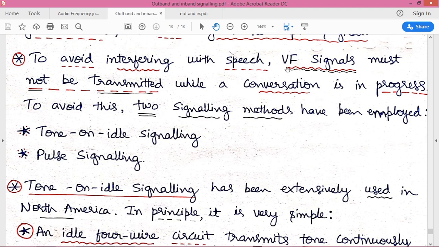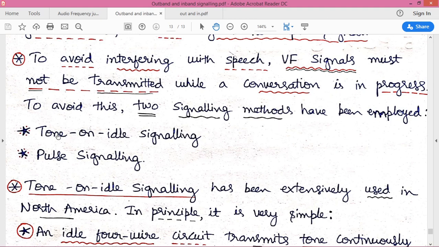So generally we try to avoid control signals being transmitted when speech signals are available in our system, or while the conversation is in progress. In order to avoid this interference, or signal imitation, we make use of two signaling methods basically.